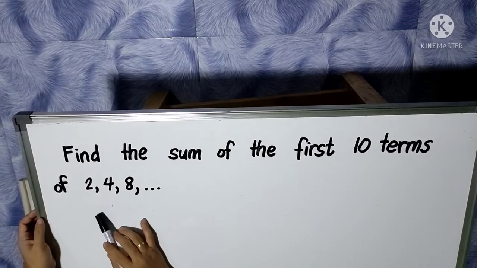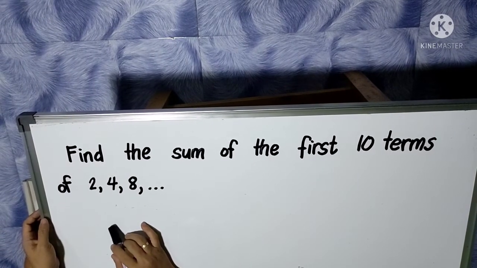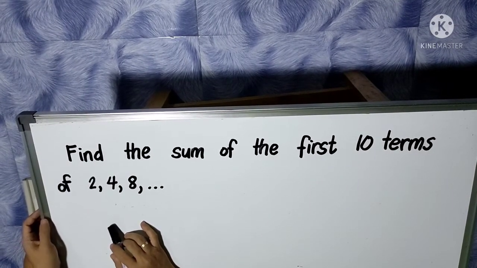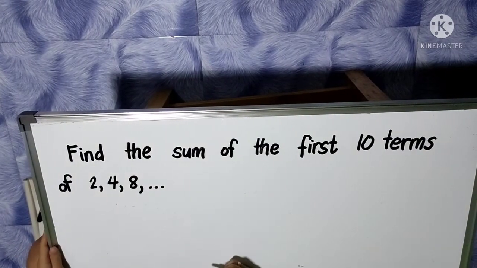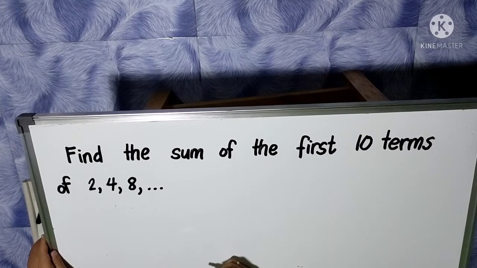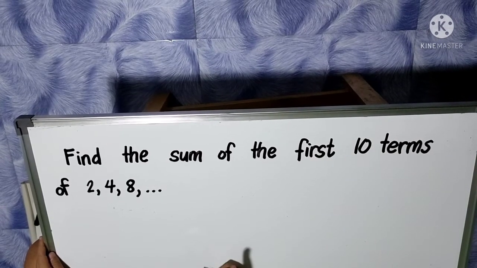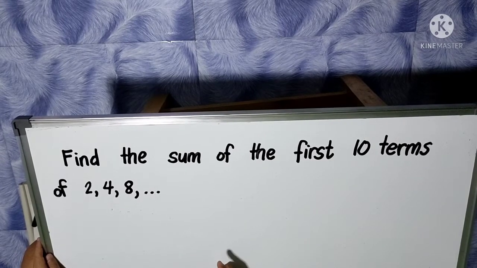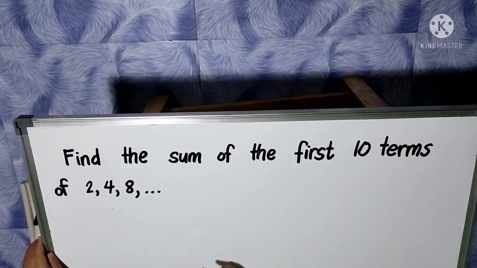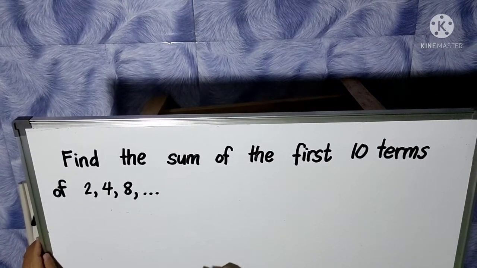Let's have this. Find the sum of the first 10 terms of 2, 4, and 8. The first step to do here is to solve for your value of r. You need the value of r because that would tell you the best formula among the 4 formulas that I have presented to use.